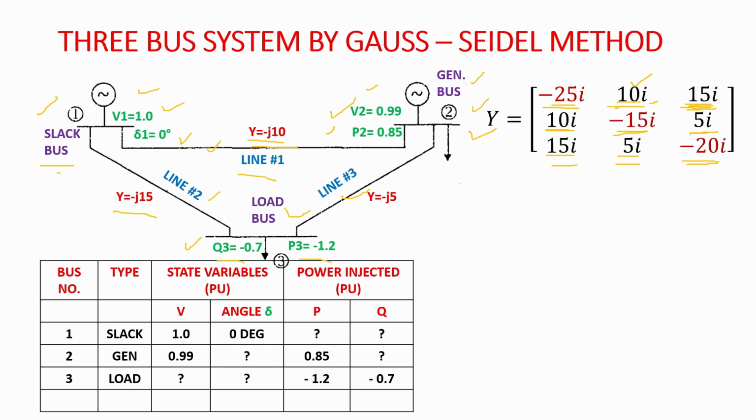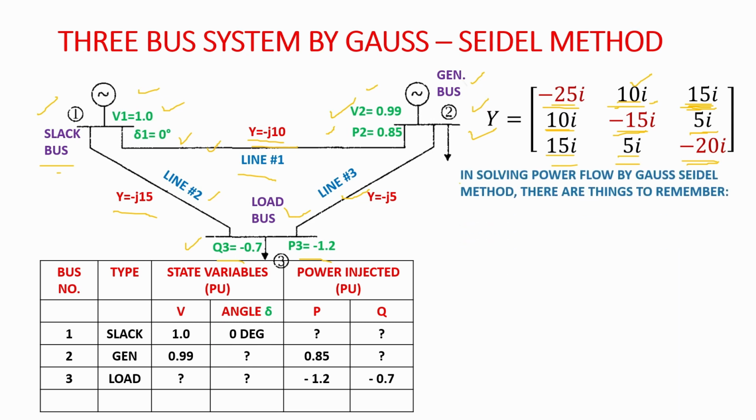Bus number 2, which is a generator bus, has voltage 0.99 and power injected 0.85. For the load bus, the state variables voltage and angle are unknown, and the given values are real power P equal to negative 1.2 and reactive power Q equal to negative 0.7.